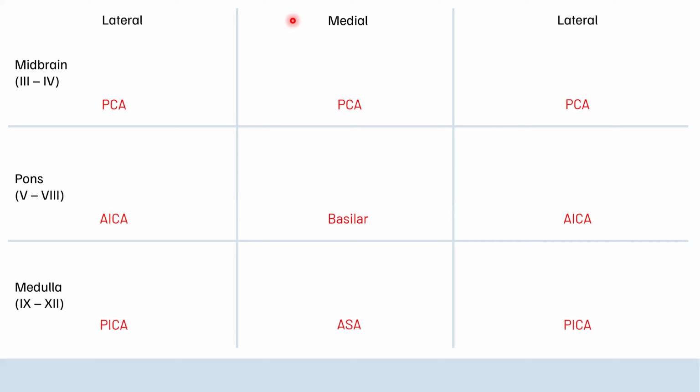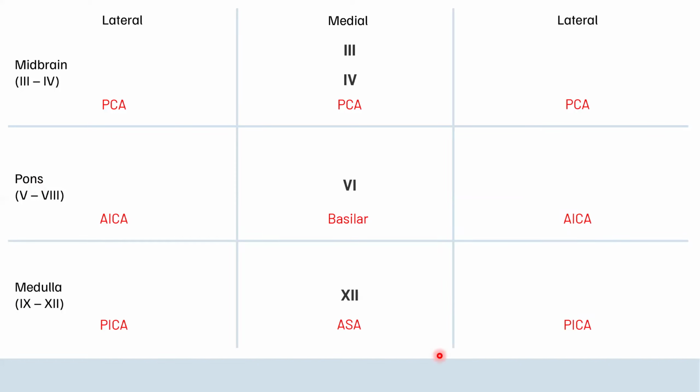Okay. Now that that's done, let's begin to apply our second rule within the rule of fours, which said that we have 4 cranial nerve nuclei in the midline, all of which 12 is divisible by. So what were those? 3, 4, 6, and 12. And I placed each of them where they are meant to be. So 3 and 4 are meant to be in the midbrain, 6 is meant to be in the pons, and 12 is meant to be in the medulla.